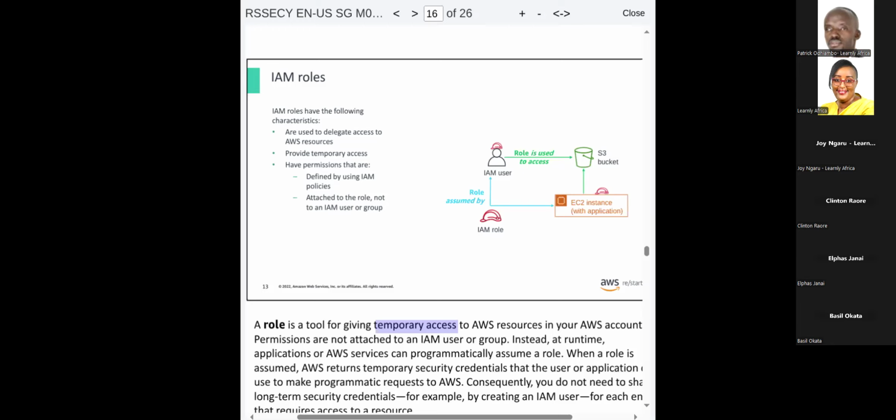Another example is I want to give my Shopify store access to my S3 so that it can pull up images.